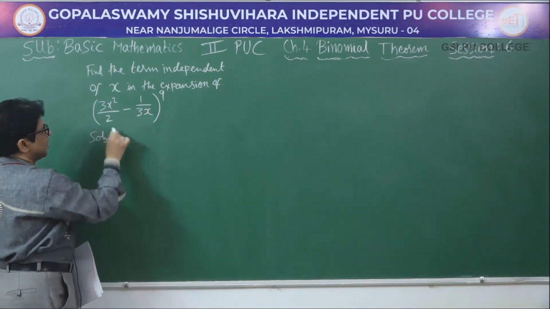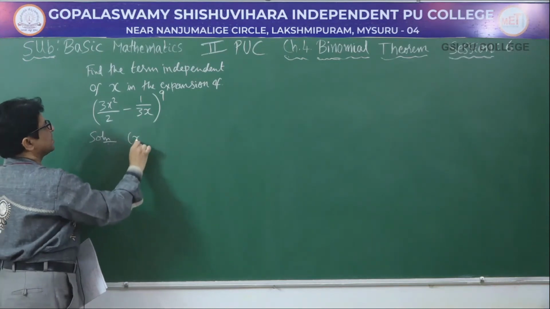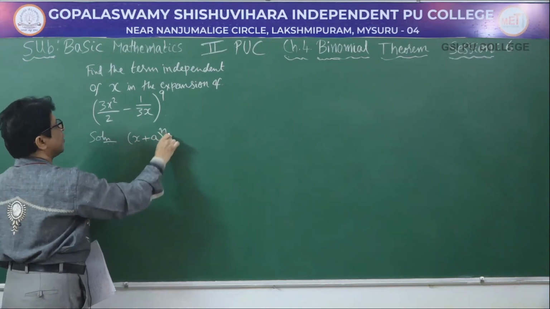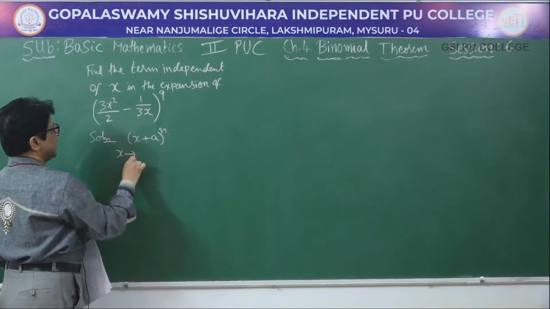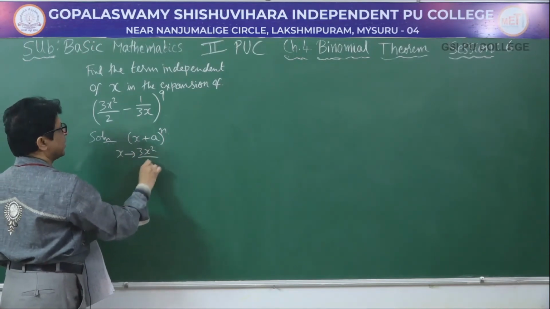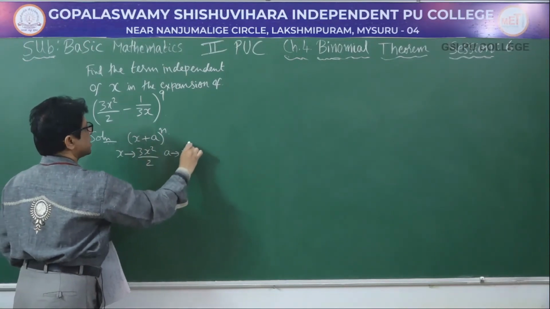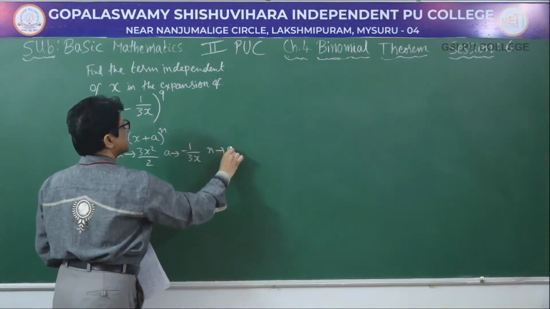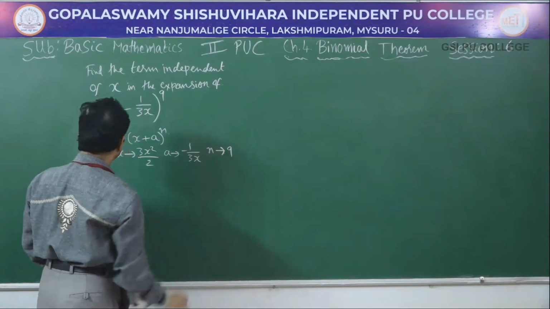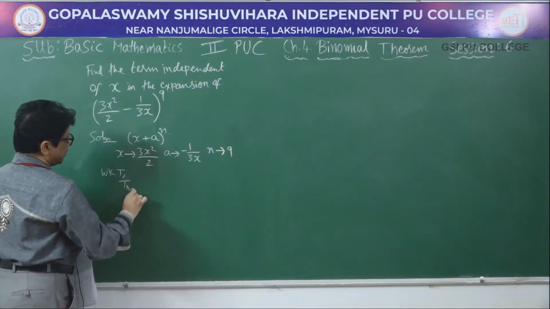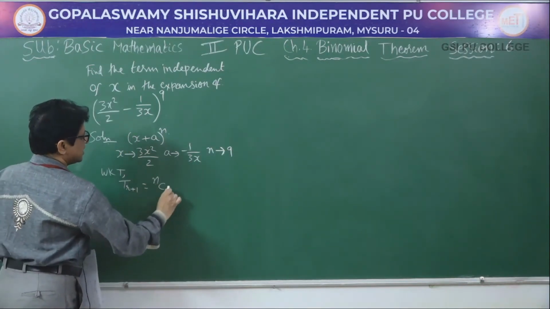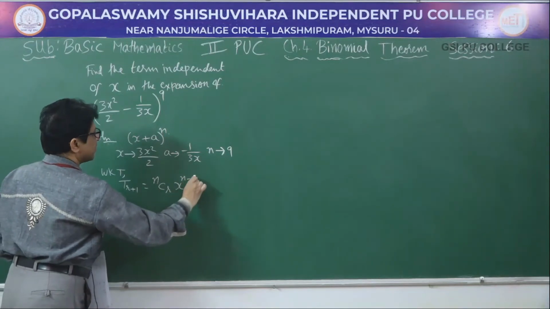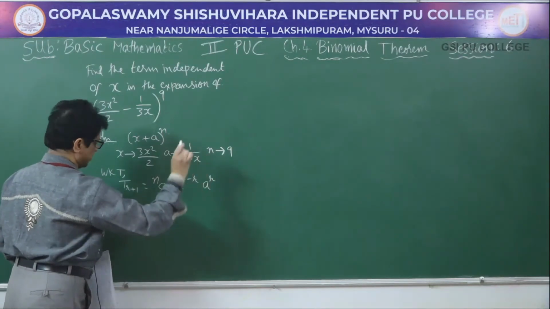Solution. Comparing the given problem with (x plus a) whole power n, we get x is 3x square by 2, a is minus 1 by 3x and n is 9. We know that T(r+1) is equal to nCr into x power (n minus r) into a power r.